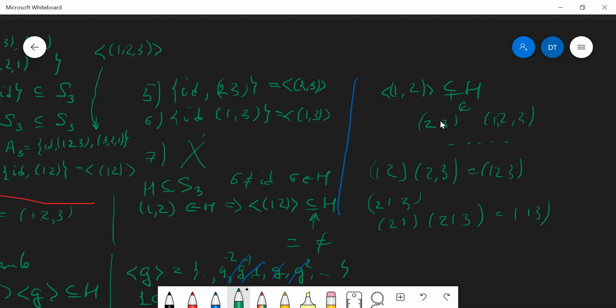For this element, we just start producing different products and inverses of the new elements, and get all possible elements of S3 and show that they belong to H. This was an example of the computation. Was it clear? Should I explain in more detail, or do you think you can do it by yourself if you need?